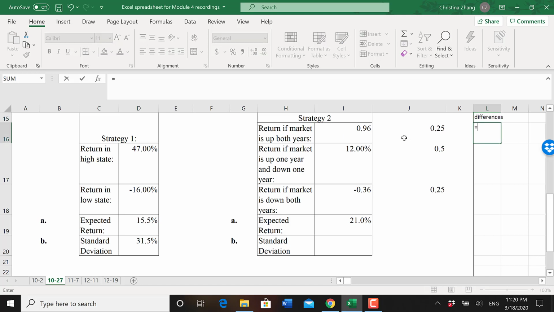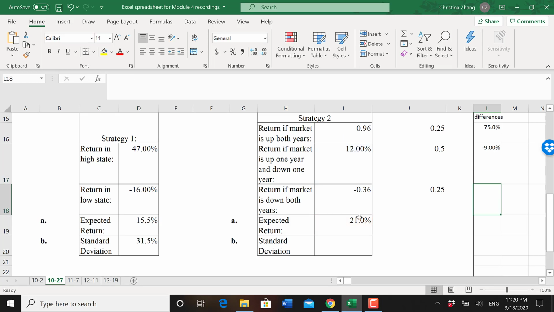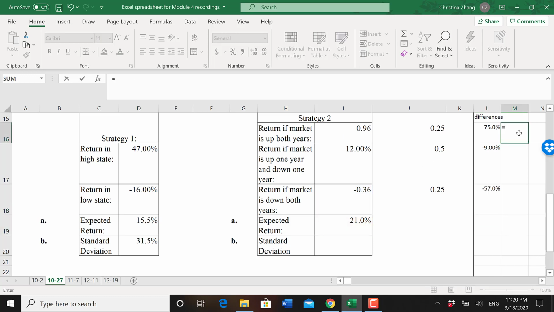It's going to be the actual return minus the expected return, and then you're going to square the differences.